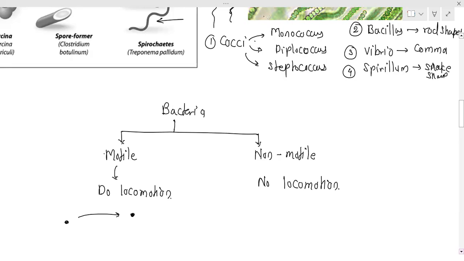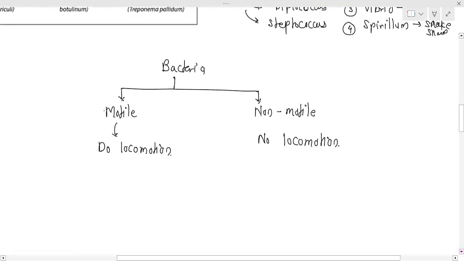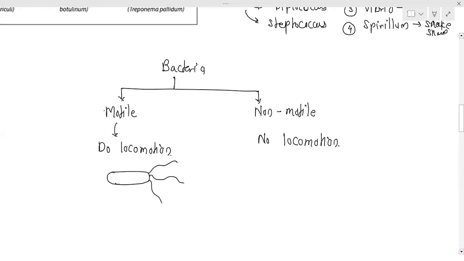Now, how can bacteria move? Remember, suppose it is a bacillus bacteria, and it has flagella. These flagella help them in swimming. Flagella help bacteria in swimming.